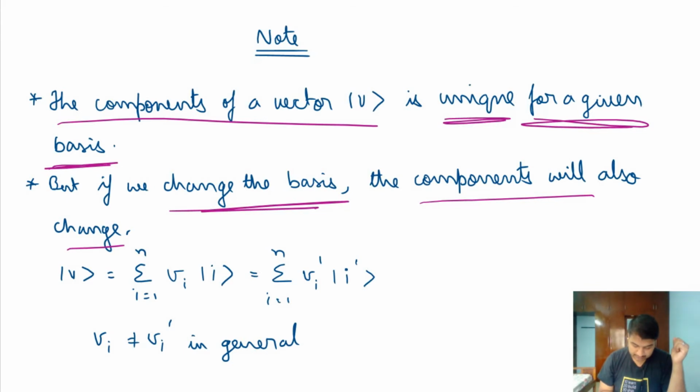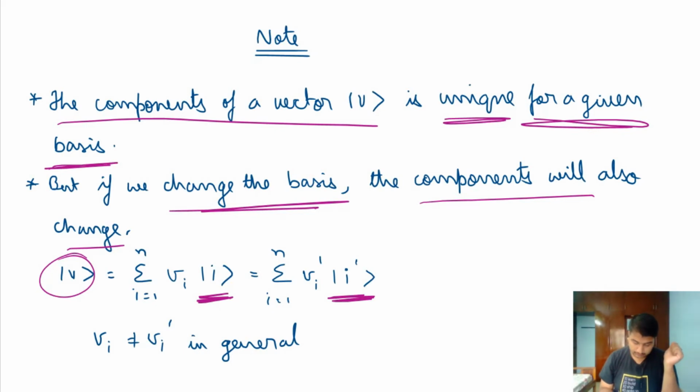Consider two different bases. In the same vector space I choose two different sets of n linearly independent vectors. Both of them will form a basis, and I can expand this vector v in terms of both bases, because of the theorem we saw earlier: if you have n linearly independent vectors in an n dimensional space, we can express any vector v as a linear combination of them. So I can expand it in terms of this basis, or in terms of the other basis, which I call I dash.